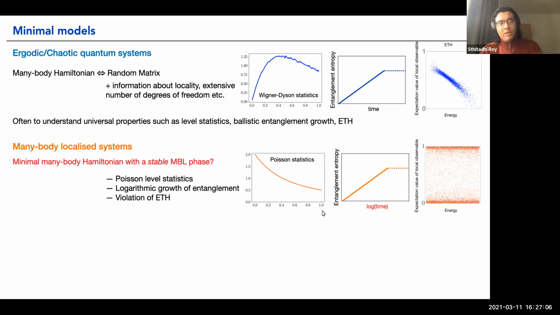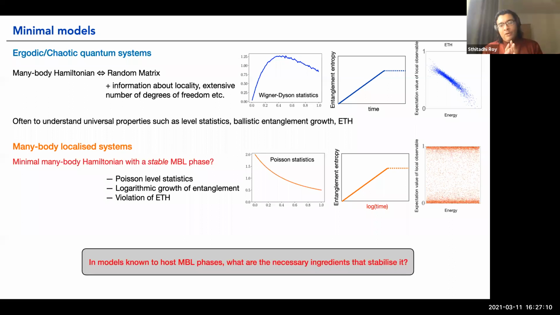So we try to sharpen it a bit and ask a slightly different question: we take models that are known to host MBL phases and we look for the necessary ingredients that stabilize the MBL phase they're in. And we'll try to contrast it with situations where we know that a many-body localized phase does not exist, even though the model is disordered and so on.